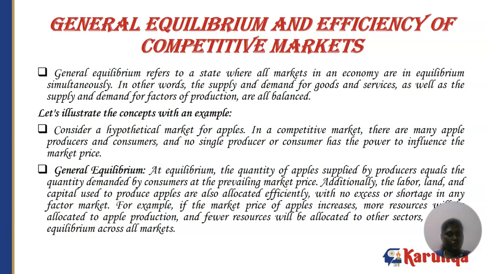If the price of apples is increasing, then more resources, in the sense of more factors of production like land, labor, or capital, will be allocated to apple production, whereas fewer resources will be allocated to other sectors, ensuring there is an equilibrium in all the markets. Fine.